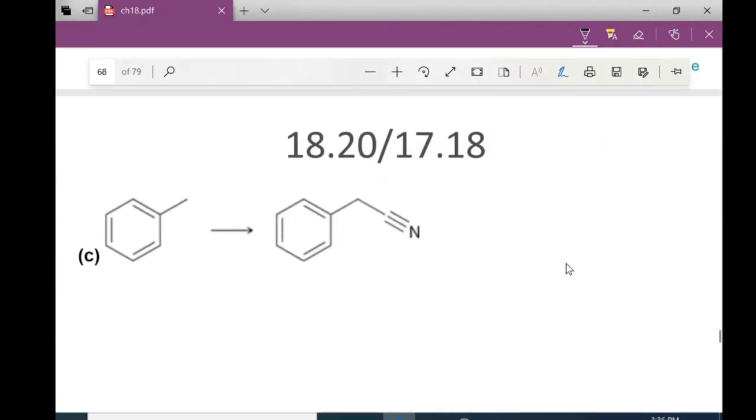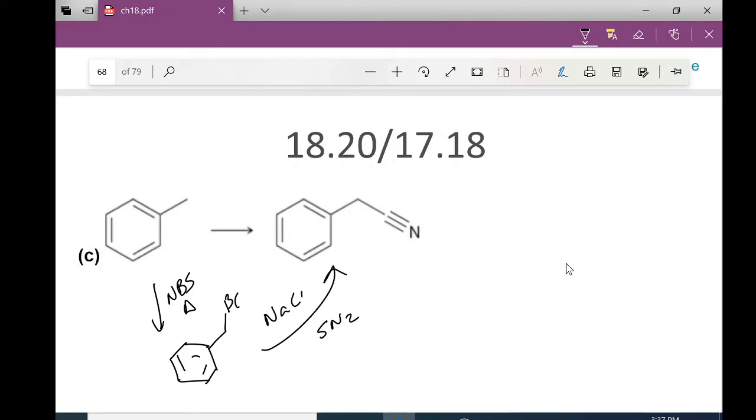So for the next one, again, we need to introduce some functionality, so let's just use NBS and heat. Okay, and then to go from here to here, we could just use an SN2 reaction, so we can just use sodium cyanide, and that'll give us our product, okay, our target molecule.